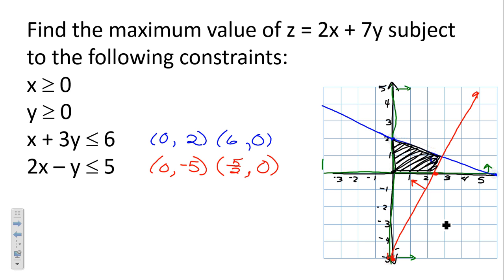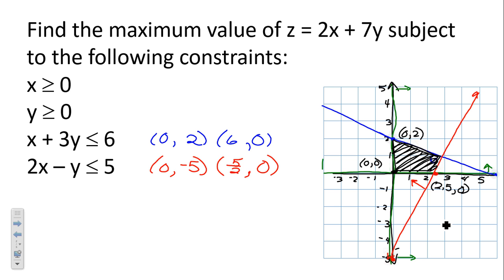So this is the point 0, 0. And this was the point 2.5, 0. And this was the point 0, 2. Where do the red and the blue line intersect? Looks like 3, 1. Let's verify that that's exactly 3, 1.